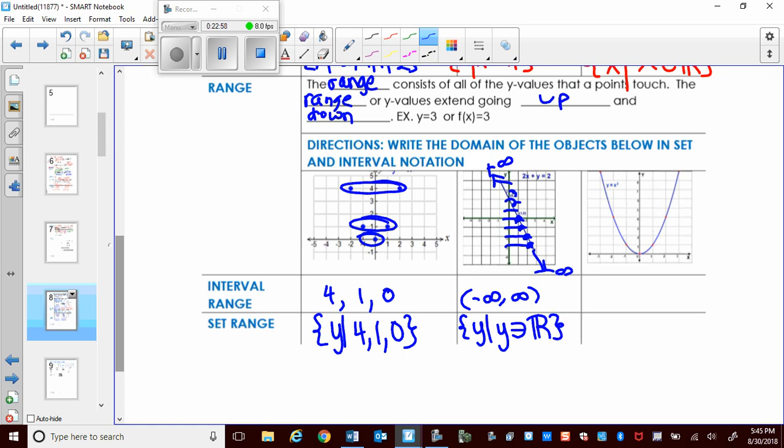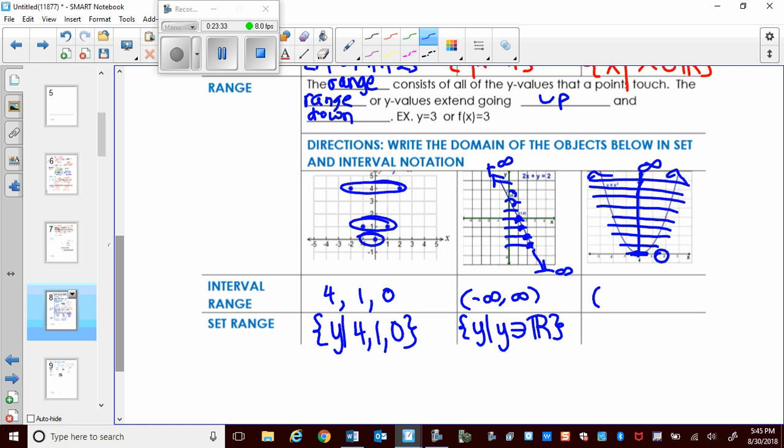Now, what about the y values for this parabola? Well, if I look, my y values start at 0. They start at 0. They keep going at 1, 2, 3, 4, 5, 6, points at 7, and 8, and 9, and so on and so forth. We keep going up forever and ever towards positive infinity. So my range for a parabola, I have a minimum.